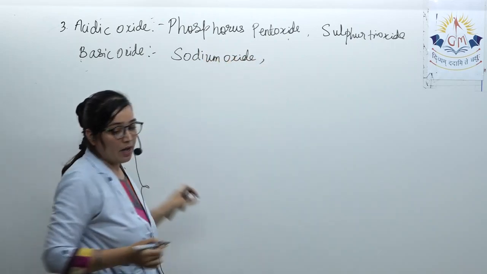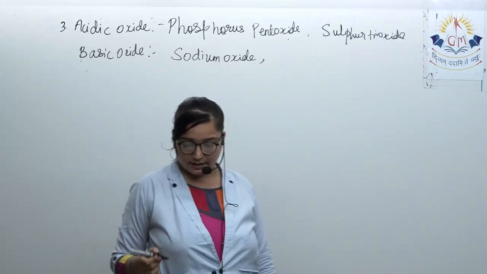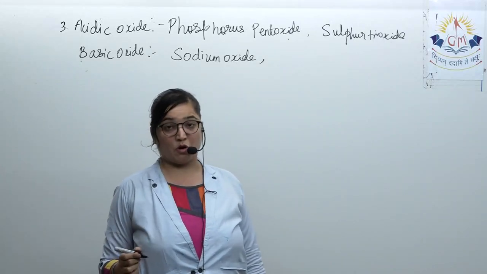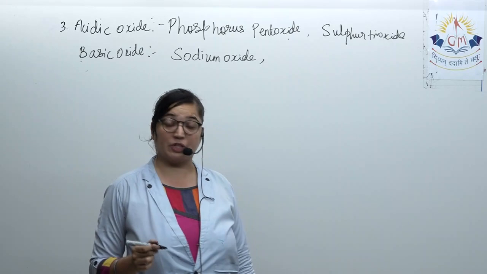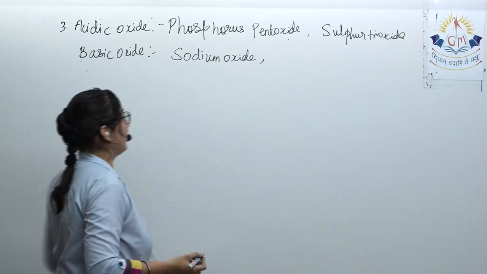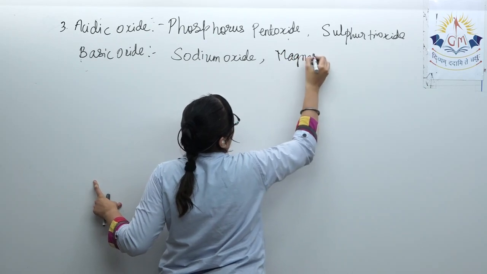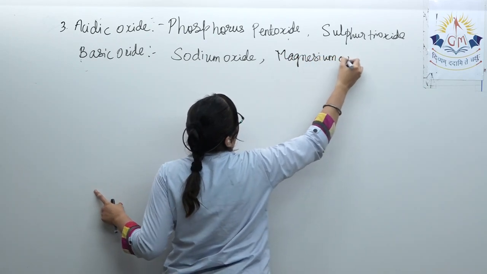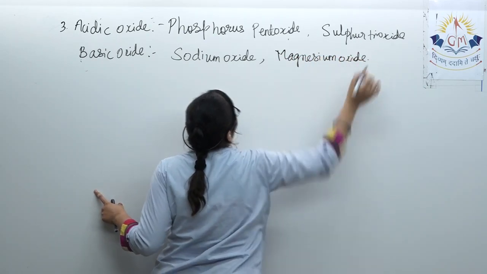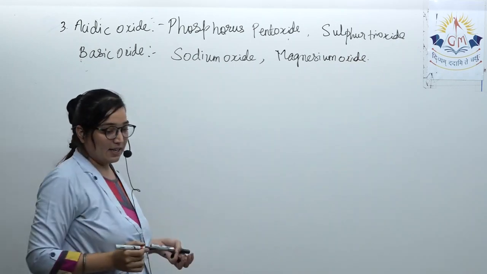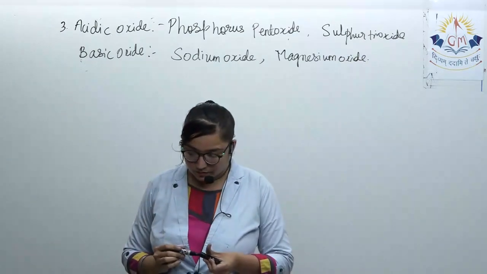Next, after sodium oxide, it is magnesium oxide. If we talk about magnesium, again, what is magnesium? It is a metal. So here we have the basic oxides classification.